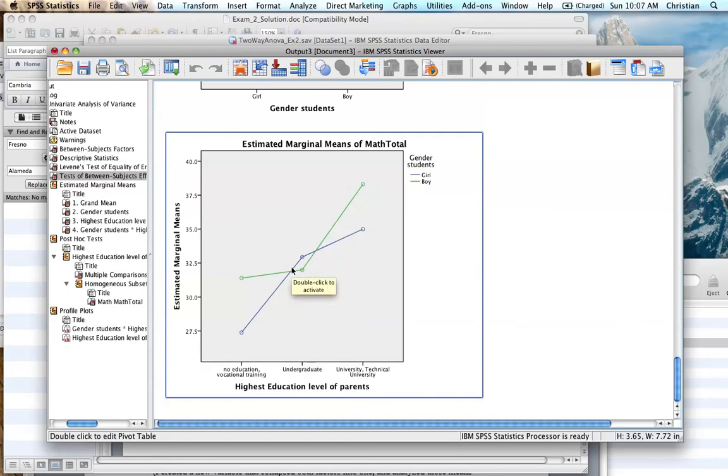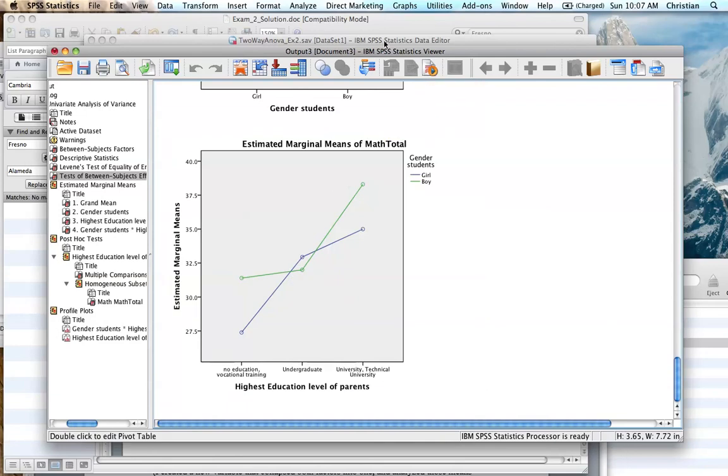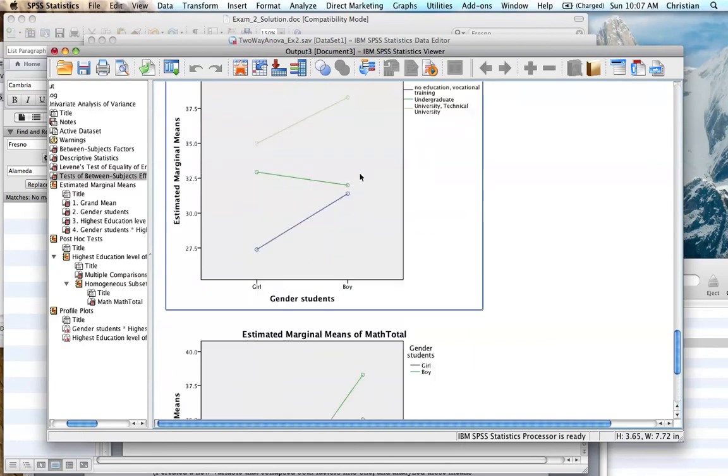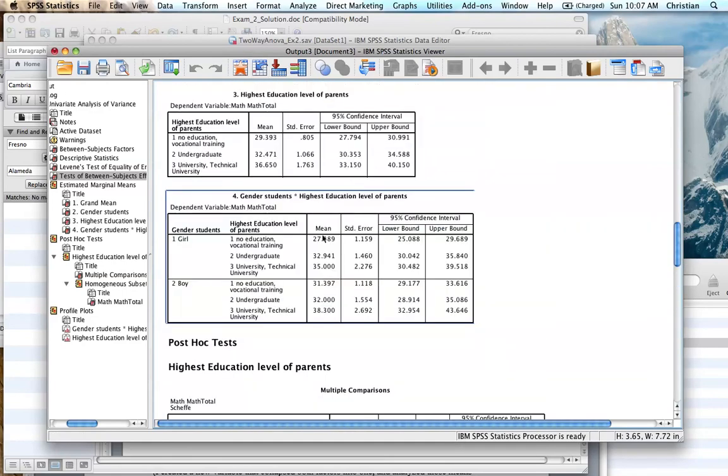In class, I created a variable which collapsed the two factors into one. So then we had 6 different groups. Right? We had all the 6 different groups, right here, 1, 2, 3, 4, 5, 6.